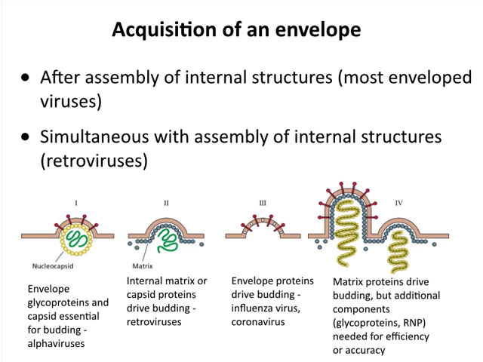For other viruses, it's a little more complicated. For example, in some, it's the internal proteins that drive budding, either a matrix or a capsid protein. So the matrix protein is typically the protein that abuts the viral membrane. It's shown here as blue spheres. And for some viruses, you can produce just that protein and you will make particles. For other viruses, you need both the envelope glycoproteins and the capsid.